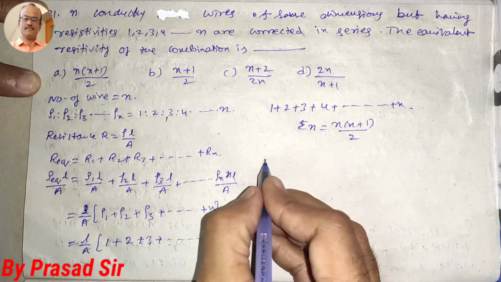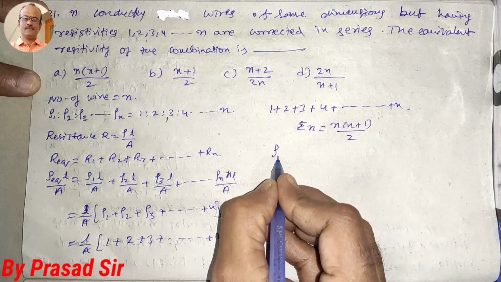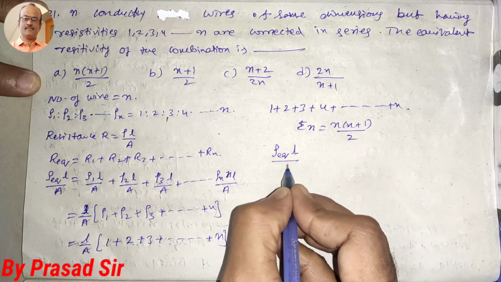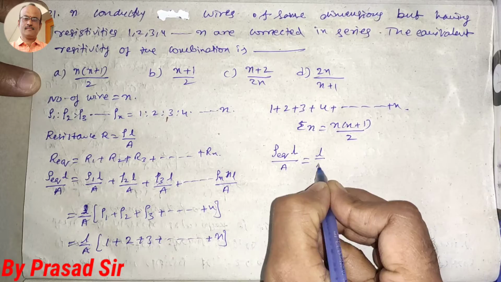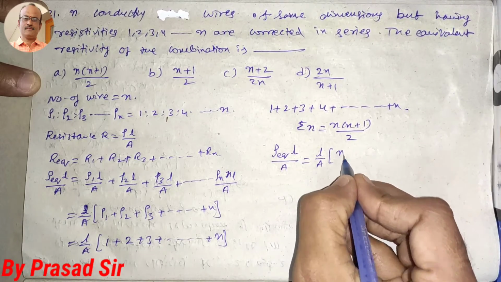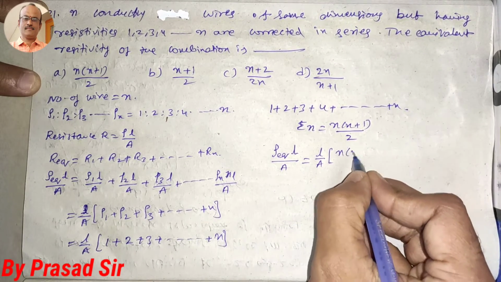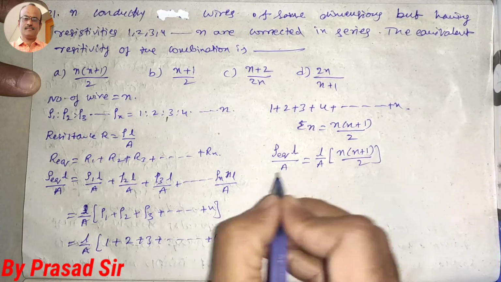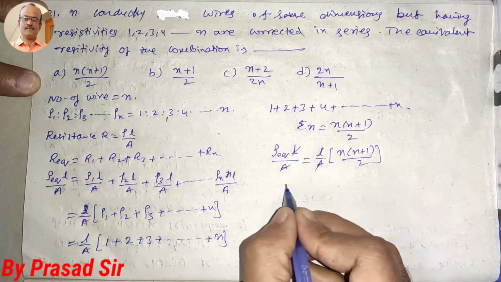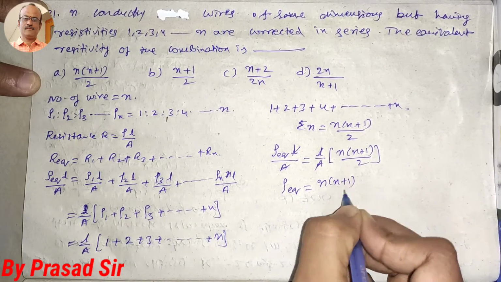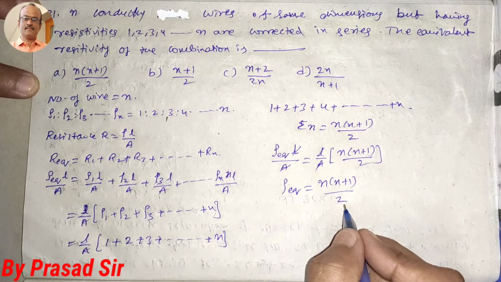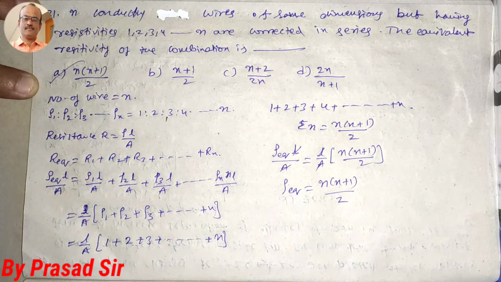Rho equivalent L divided by A is equal to L divided by A times, instead of this one I am substituting n into n plus 1 divided by 2. Both sides L cancel, but here rho equivalent is equal to n into n plus 1 divided by 2. Which option is correct here? Option A is correct.